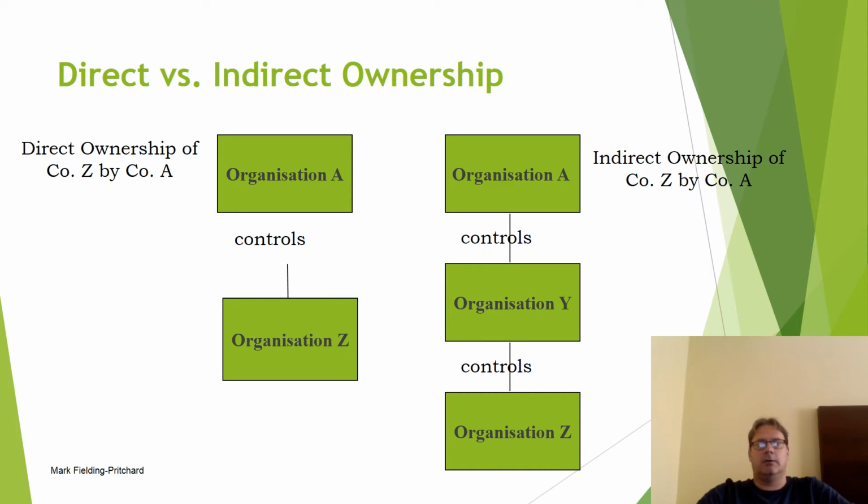It has control, because A will tell Y what to do, and Y in turn will tell Z what to do. Therefore, in the scenario we have on the right with A, Y, and Z, we have to consolidate those three companies. Even though the non-controlling interest in Z is going to be 74 point something %, they still need to be consolidated.